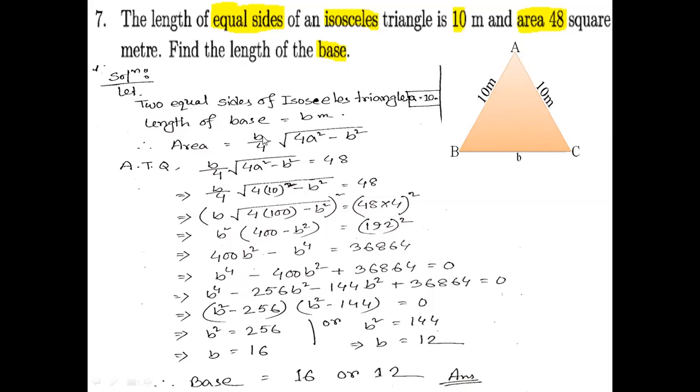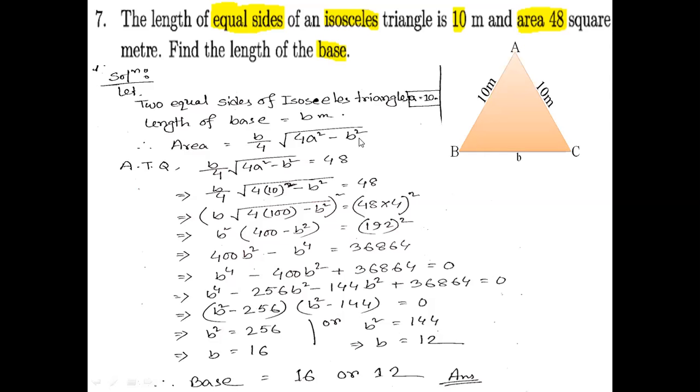We know the area will be b by 4 root over 4a square minus b square. This is the formula of the area, where we assume the two equal sides of the isosceles triangle a equal 10, and the length of the base is b meter.